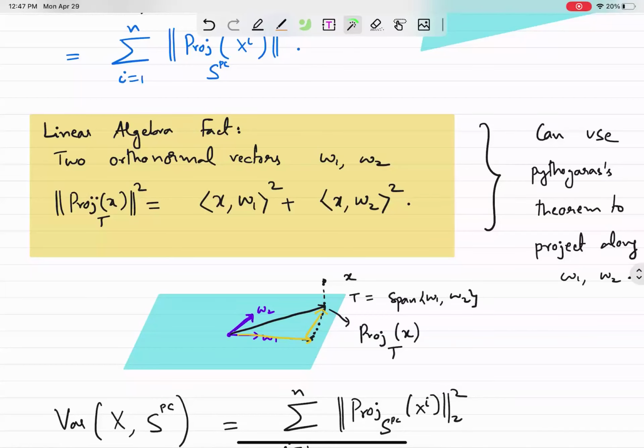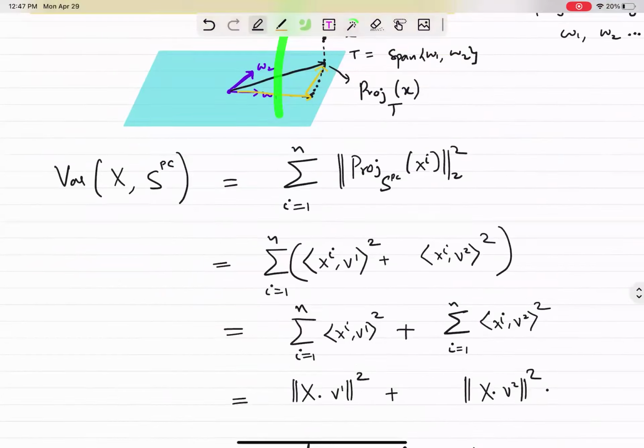If these two form an orthonormal basis, actually, let me draw a better picture. Maybe something like this. Okay, so let's say this is T. Now, this is one orthonormal basis.